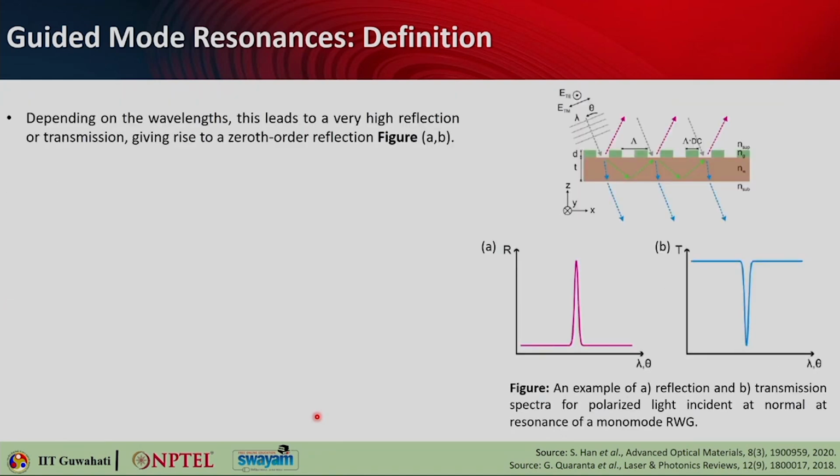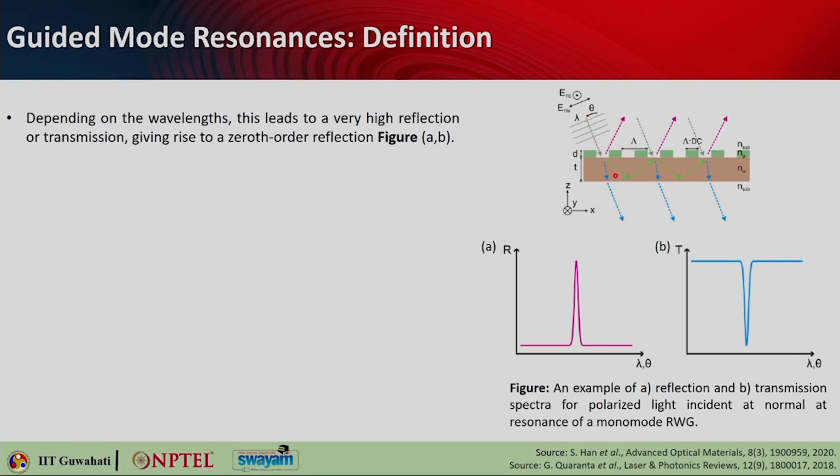Now, depending on the wavelength, this leads to a very high reflection or transmission, giving rise to 0th order reflection, as you can see here. So, this is how the grating is made on top of a thin waveguide, and you see this is the incident plane wave.